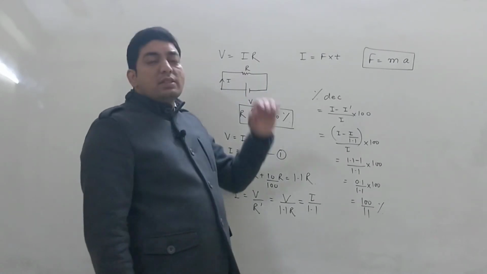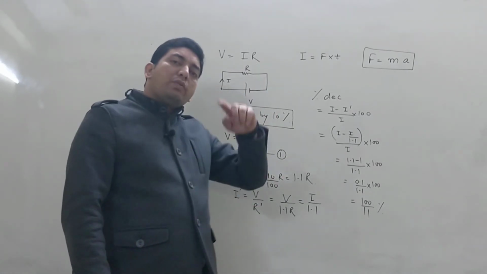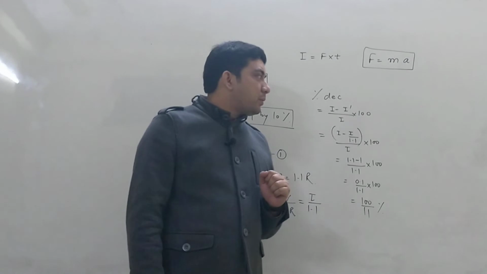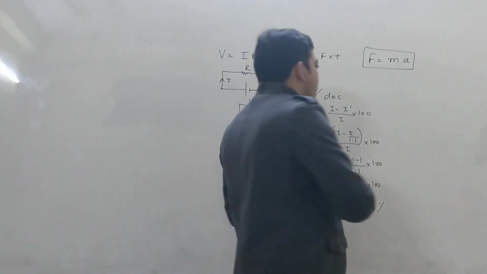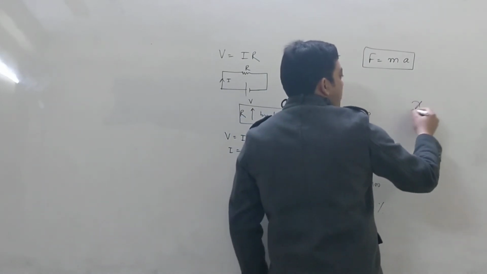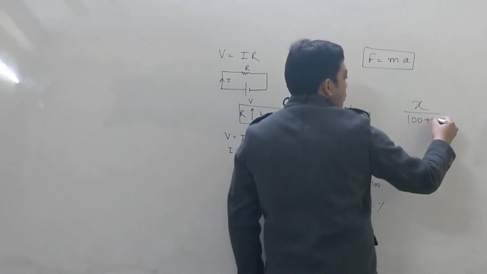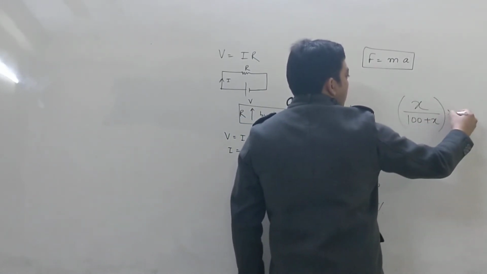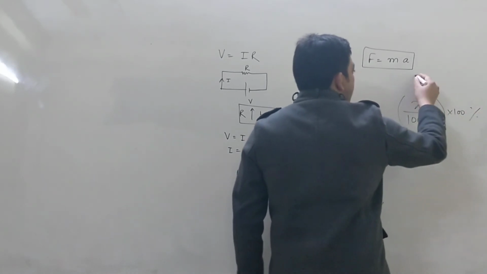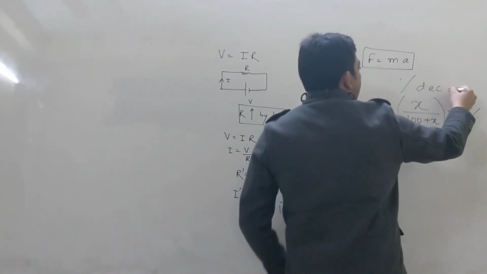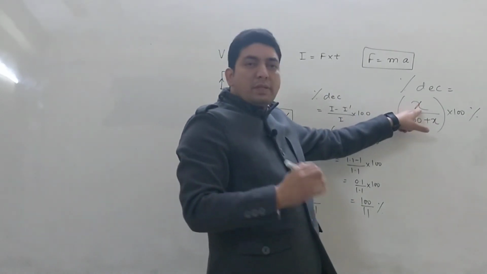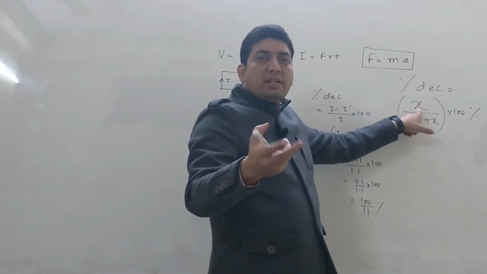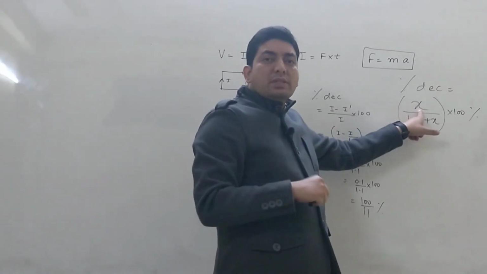Or if the resistance is decreased by 10%, what will be the percentage increase in current? So this is the basic way, and the trick for solving it is that you just do this. The percentage decrease can easily be calculated using this formula, where X represents how much percentage change there is, whether 10%, 20% or 30%.